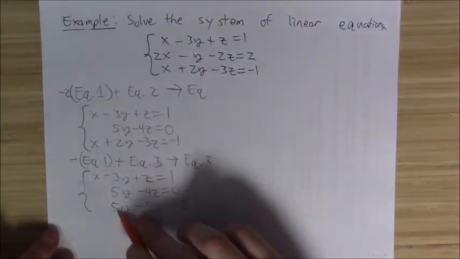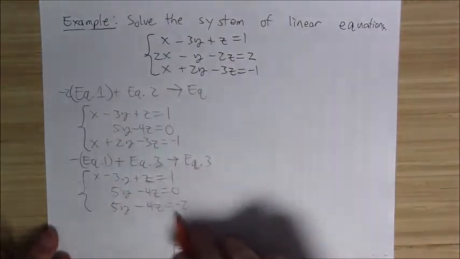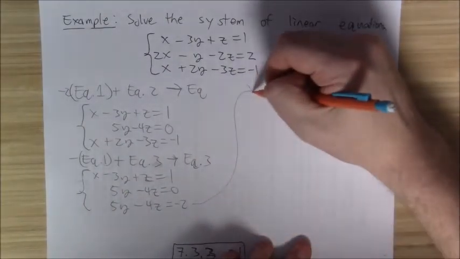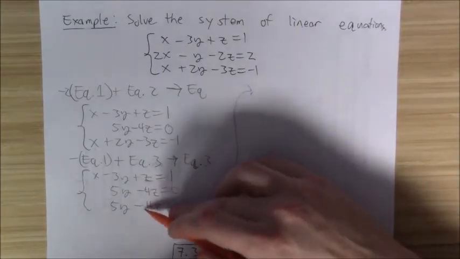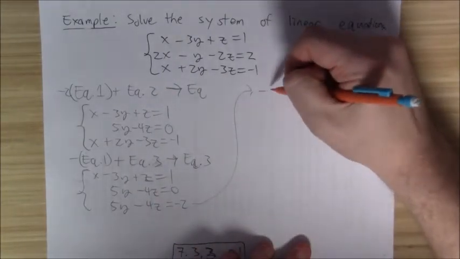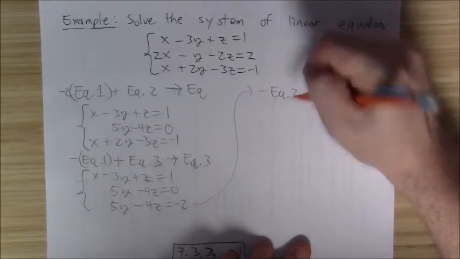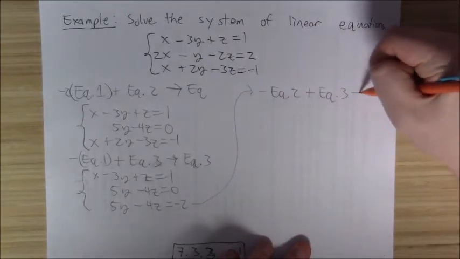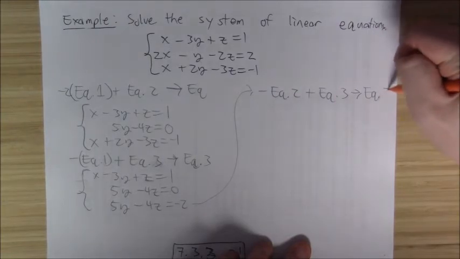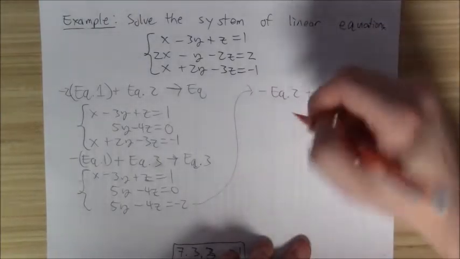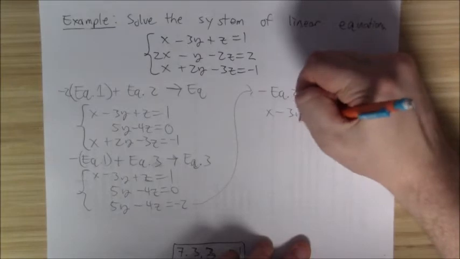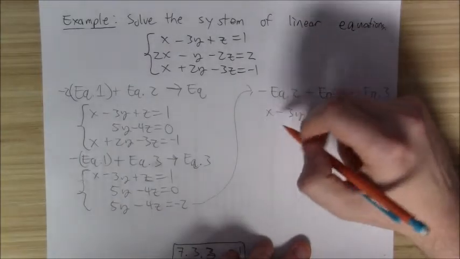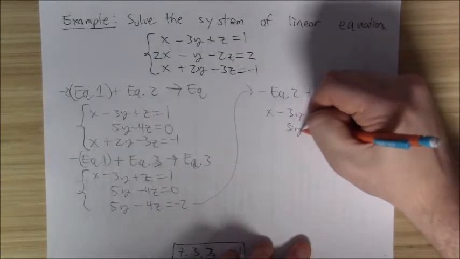And then we'll eliminate here by subtracting equation 2 from equation 3 to get a new equation 3. When I do that, the top equation stays the same, and the second equation stays the same.